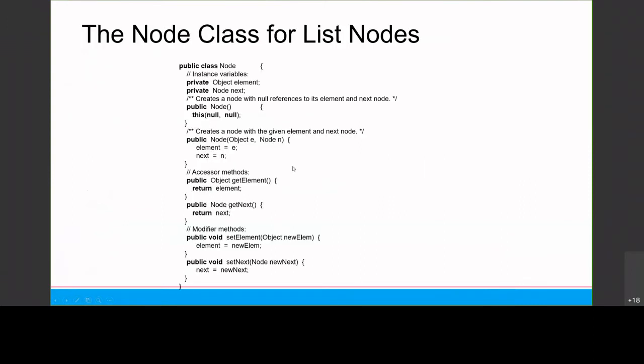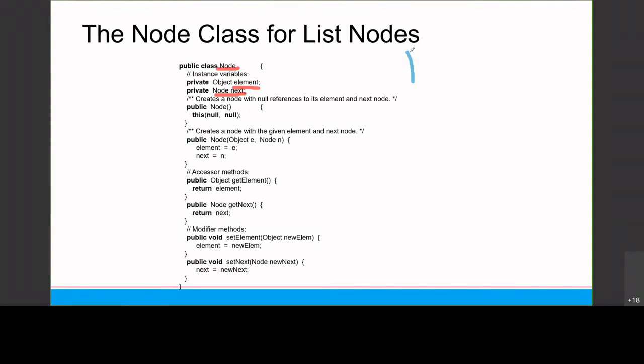But now the problem of the linked list is that it should have a node. That's why there is one class, we call it node. In order to have this, we need to have two variables. The first is the element, and the other is the next node.